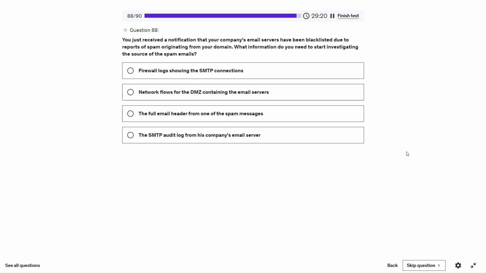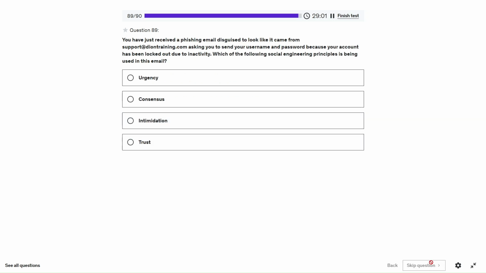So, go check the email header to see where they are actually being generated from. What's the IP address it's coming from? What is the source? So the answer should be the full email header.